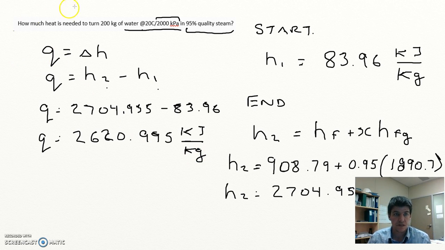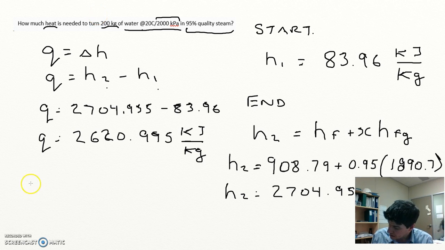If I look into the question, there's a couple ways I could represent heat. Heat could be specific, meaning on a per kilogram basis, so the small q. It also could be the total amount of heat, so incorporating the quantity of water that I have.